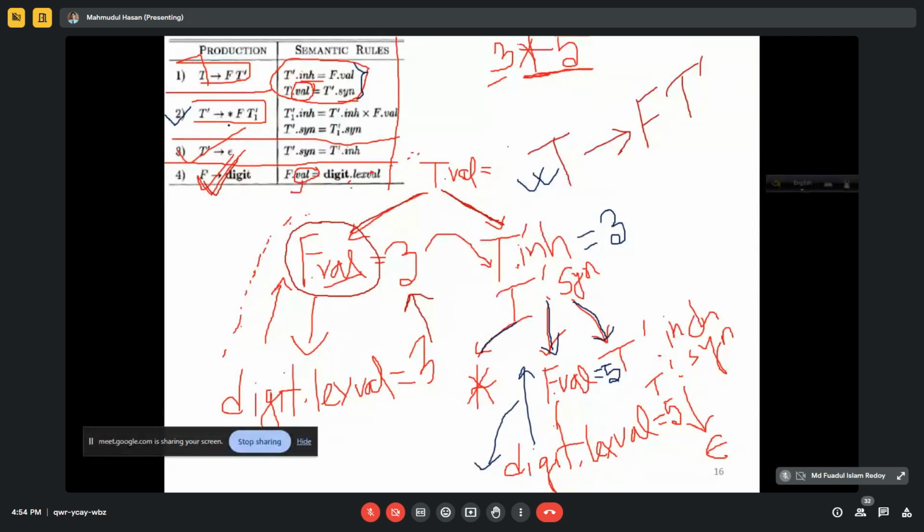If you look at the semantic rules of the second production rule, the child T dash inherited value comes from the parent T dash inherited value, that is 3, into F value, and this F is the sibling. So here 5 is the sibling of T dash inherited. By multiplication, 3 into 5, we get T dot inherited, that is 15.